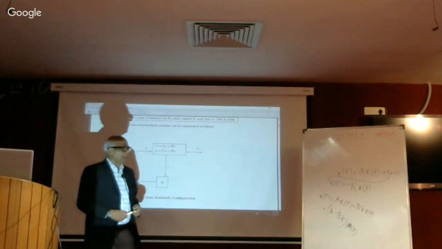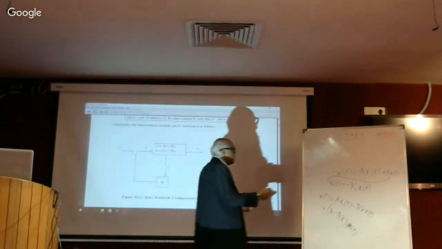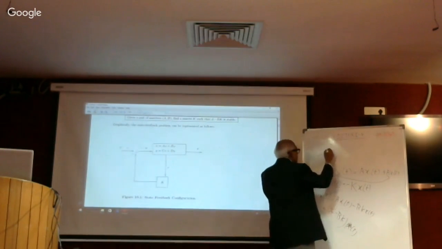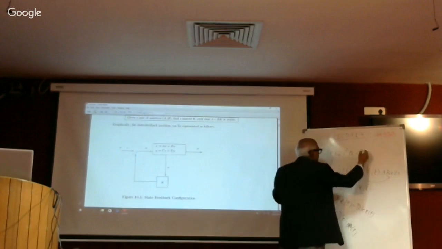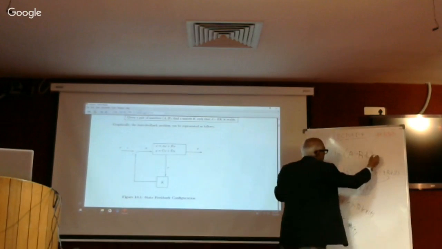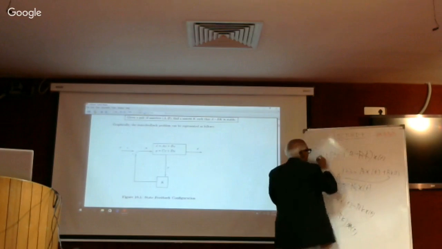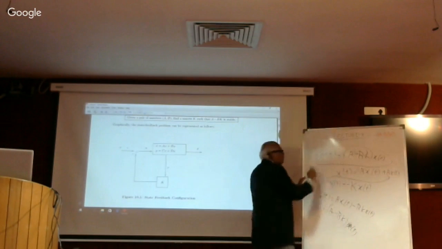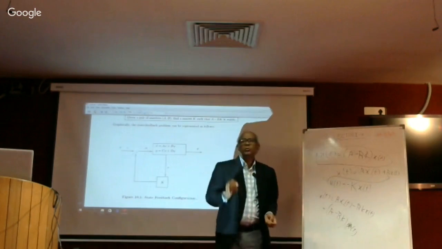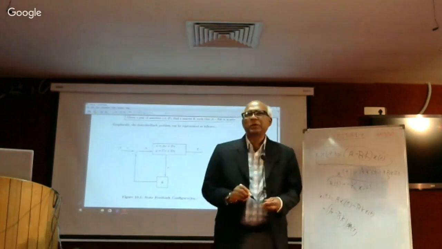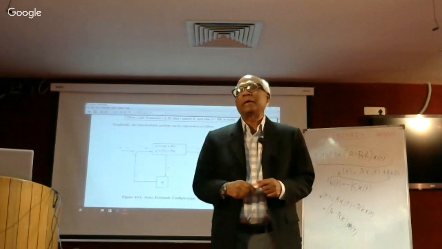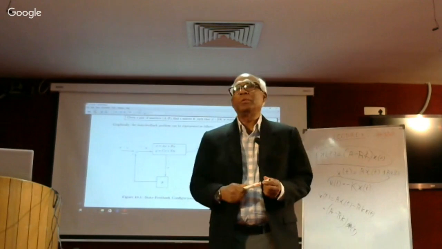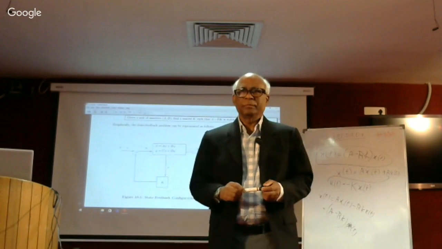So now, we have this system x dot t equal to A minus B K x of t. So the problem is now, how do we choose this matrix K in such a way that the matrix A minus BK would be stable? Okay.